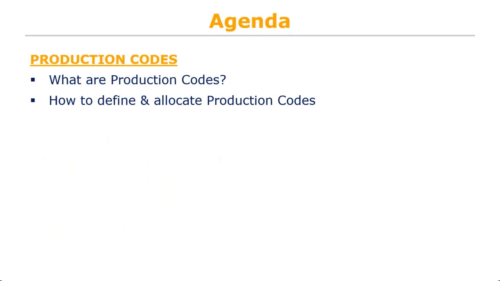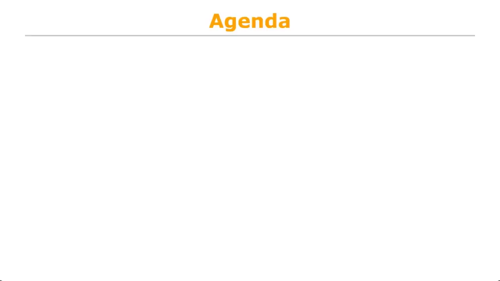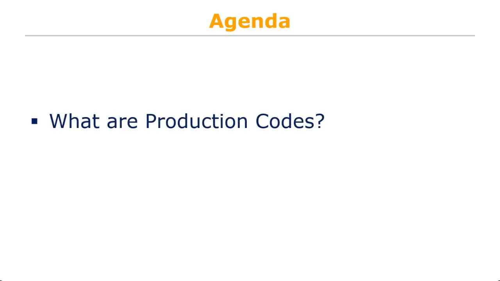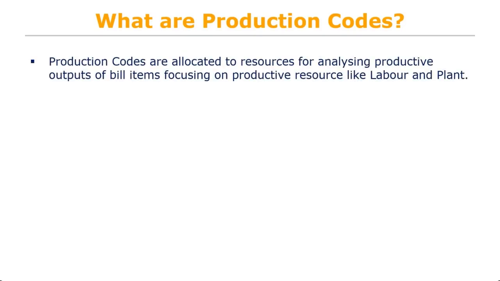And I will start by defining what are production codes. Production codes are allocated to resources for analyzing productive outputs of bill items, focusing on productive resources like labor and plant.